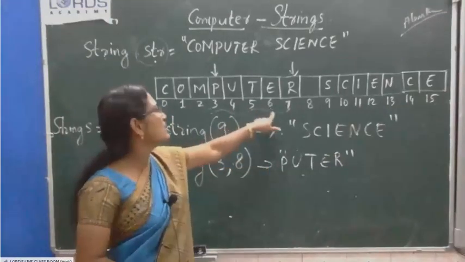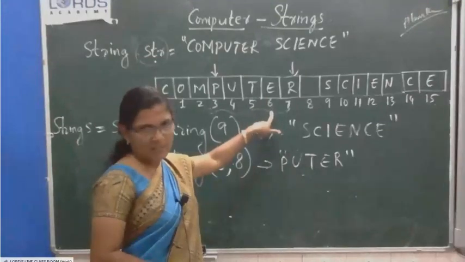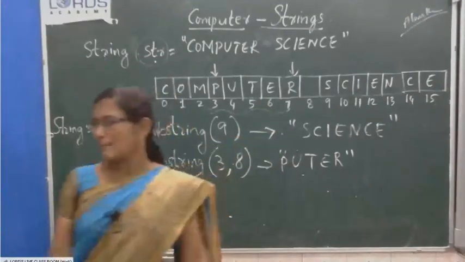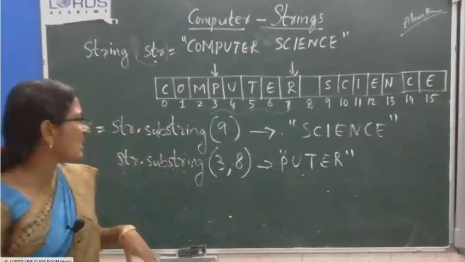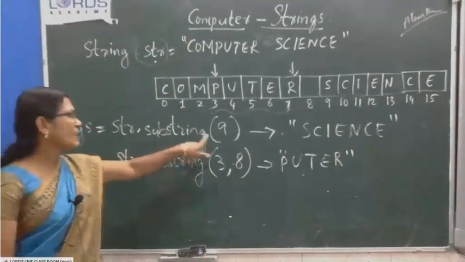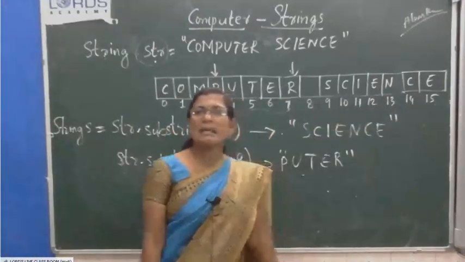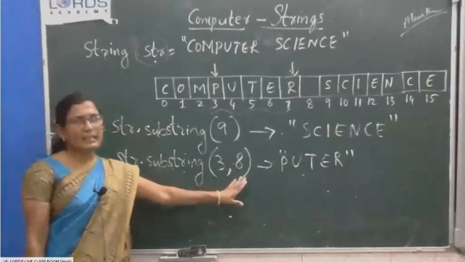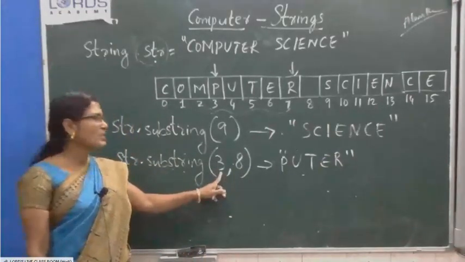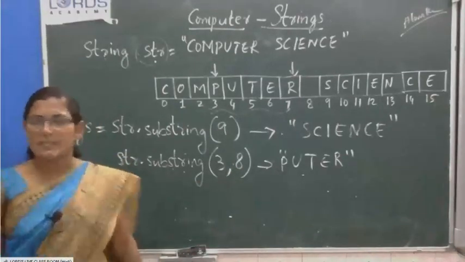That means after the specified index, where E comes next, that location's index number will be returned. Then the substring method. Two versions are there. Simply substring with a number means from that number onwards all the remaining characters till the end of the string will be extracted. If you give a starting index and an ending index, characters from this position onwards till the last index, which is excluded, will be extracted.